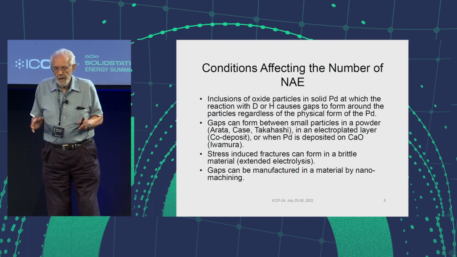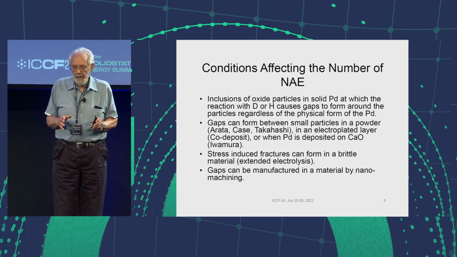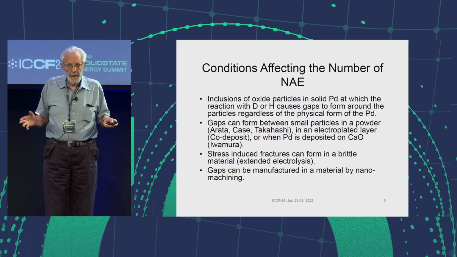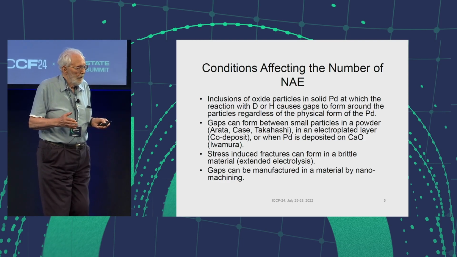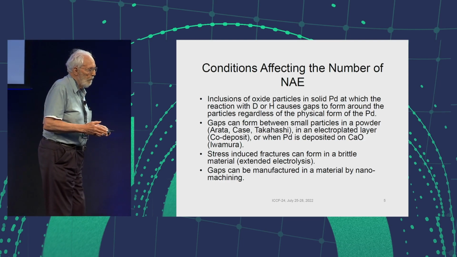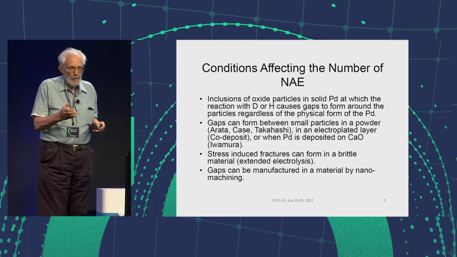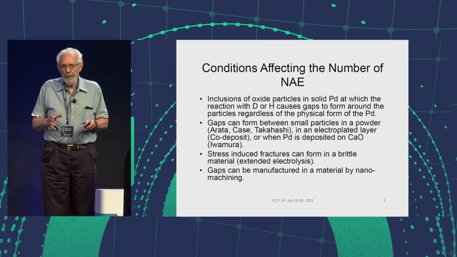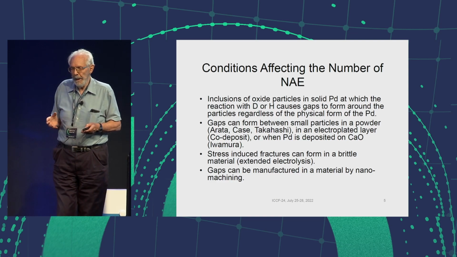The conditions for forming the nuclear active environment, I believe, there's a lot of conditions. The ones that I've focused on are the inclusion of inert particles, that is, particles of a material that melt above the melting point of palladium.